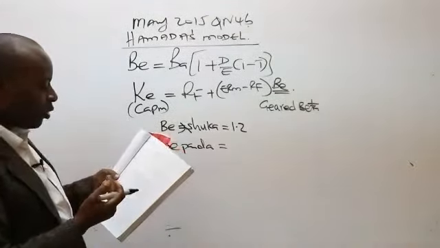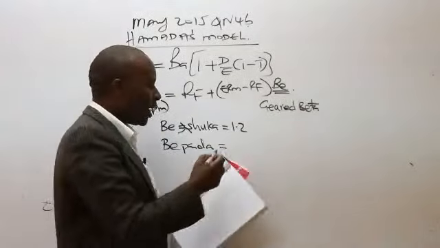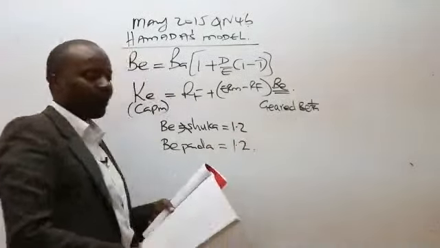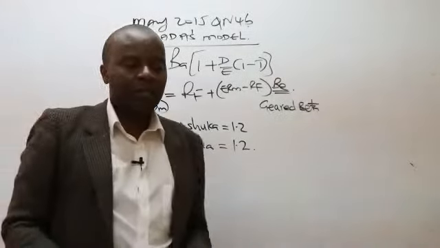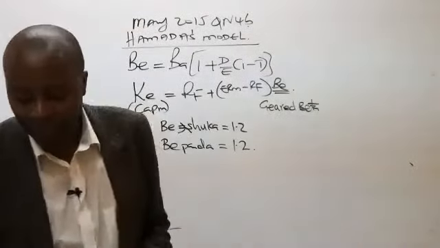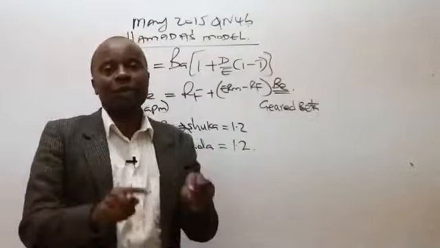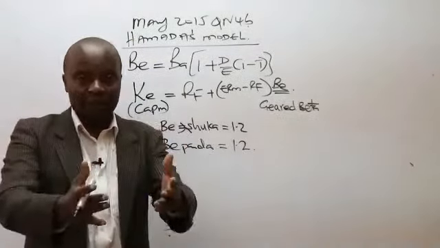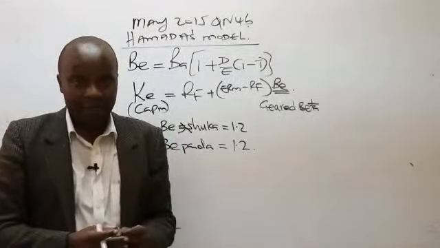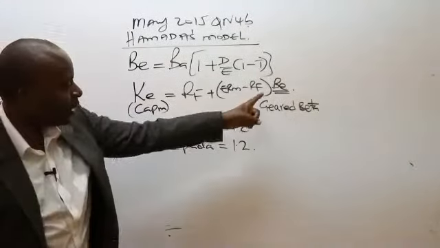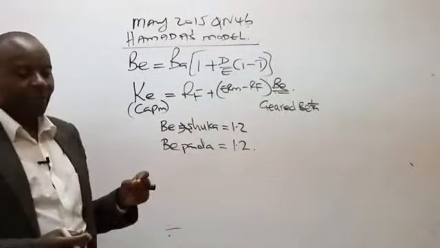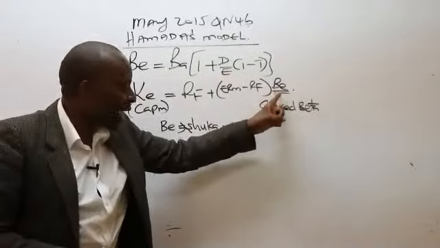So the beta equity of Panda is also 1.2. But you see, my greatest students, I would want you to learn one thing. These are two companies coming together, a husband and a wife coming together, a couple, right? So which beta equity am I going to use here, and why?